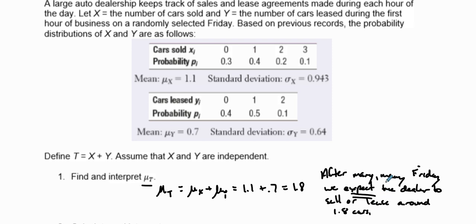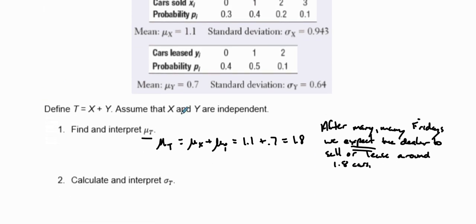So after many Fridays, we expect the dealer to sell or lease around 1.8 cars, because that's what we found when we combine these two, because X is the selling and Y is the leasing.